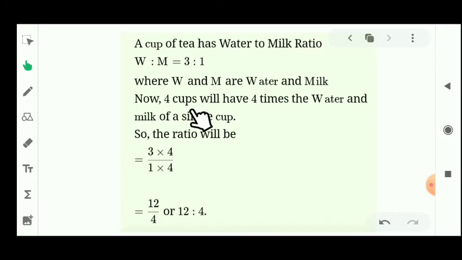Now 4 cups will have 4 times the water and milk of a single cup. So the ratio will be 3 upon 1, and both numerator and denominator should be multiplied with 4. After solving it, its value will be 12 upon 4. That means option C will be right, 12:4.